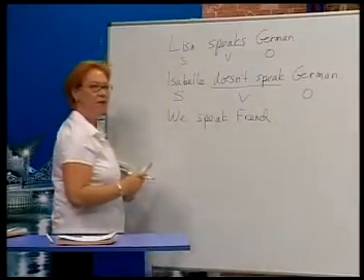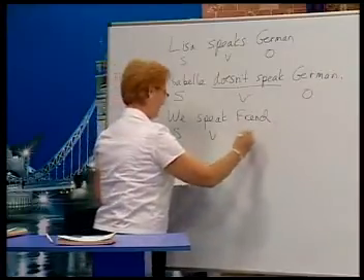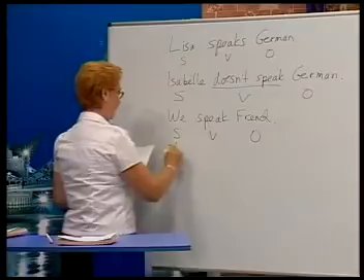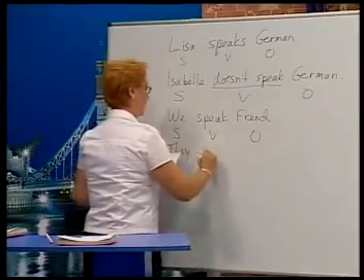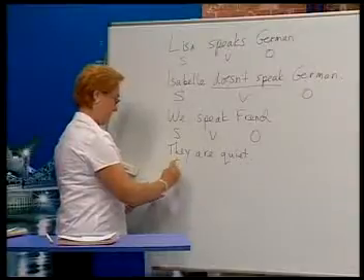Okay, Ali, you tell me the parts of the sentence. We is the subject. Speak is the verb. French is the object. Yes, very good. Now, Lisa, here's another one. They is the subject.